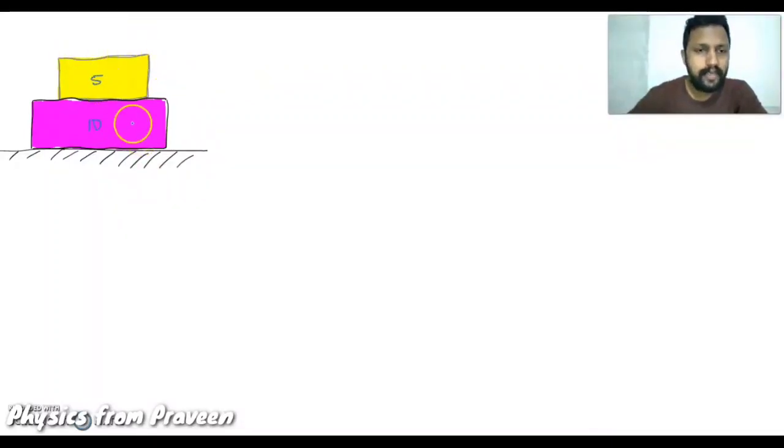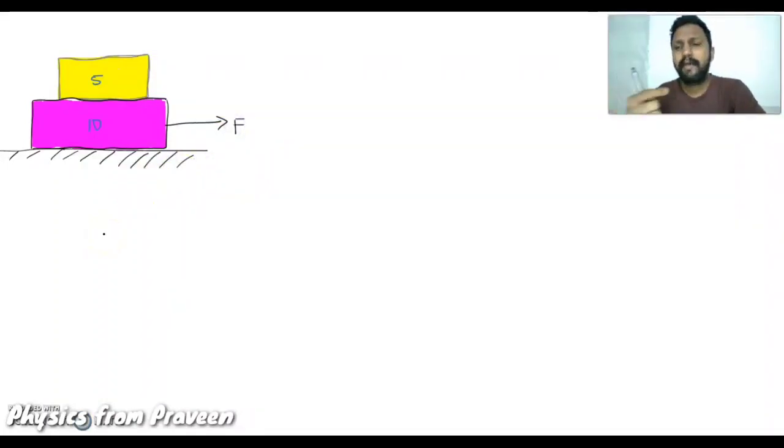In this case, we have a 10 kilogram block with a 5 kilogram block placed above it, on a surface like this. In the initial state, let me apply a force on the 10 kilogram block.